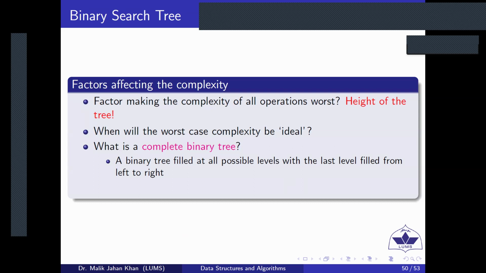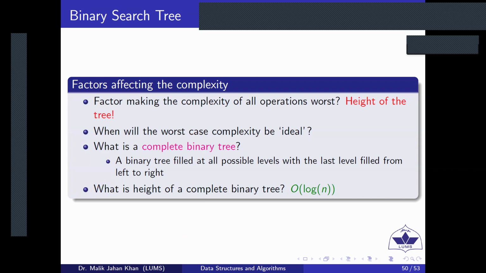That's called complete binary tree. And height of the complete binary tree is proportional to log n. And log n is a much smaller number than n itself. So if the complexity of all of our operations is dependent on height of the tree, then having a mechanism to keep the height compact is going to help us a lot in reducing the time complexity of different operations.